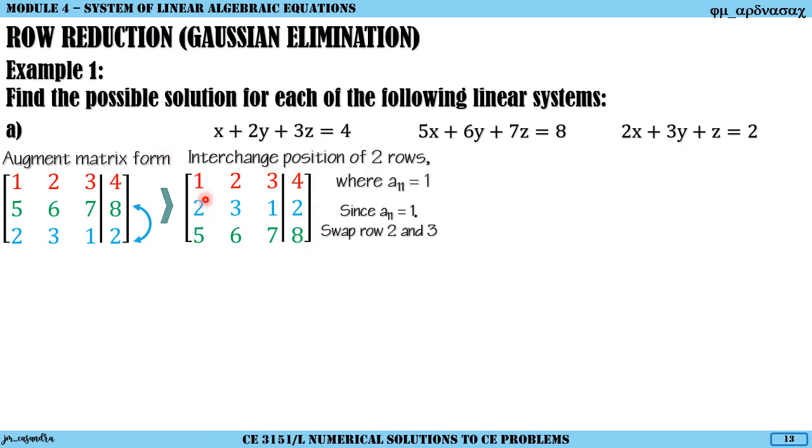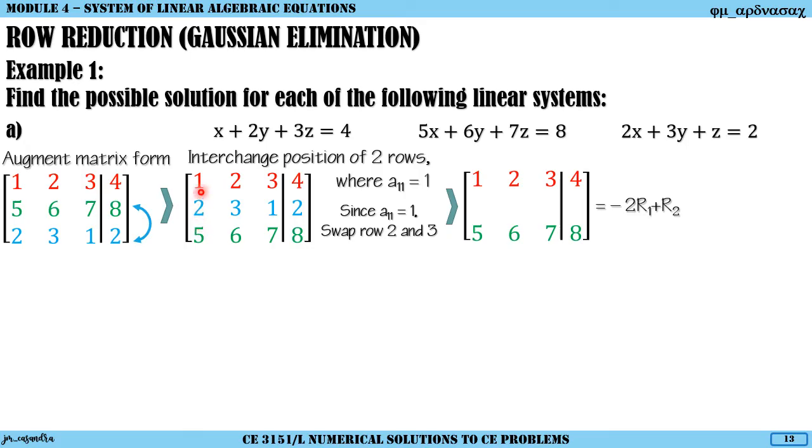So first step is to set A11 equal to 1. Next step is to change now the values of the remaining elements in column 1 equal to 0. So with that, we'll now compute for the second row first as negative 2 times R1 plus R2.